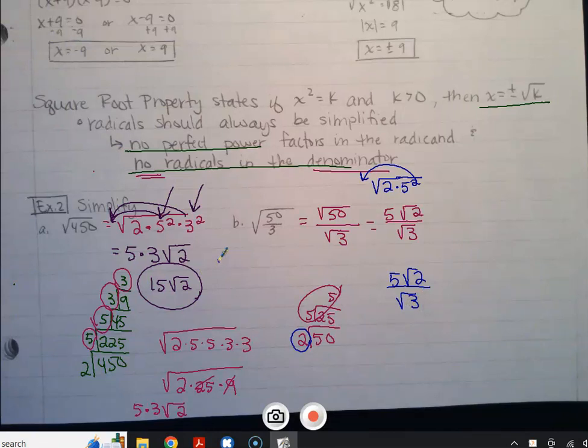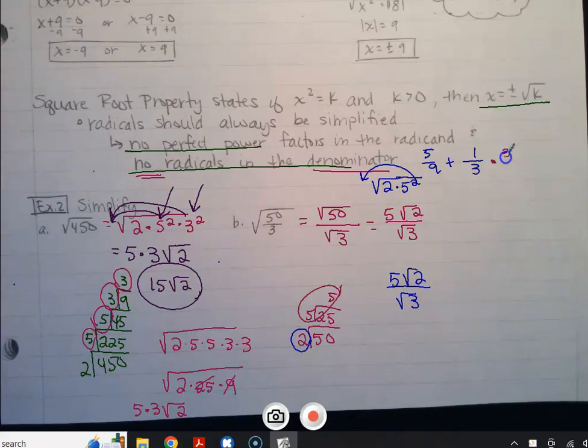Just like when we had, say, the number 1/3, but we needed to add it to 5/9. When we wanted to add these numbers together, we had to multiply by a number that was equal to 1 that would get us the denominator we needed.